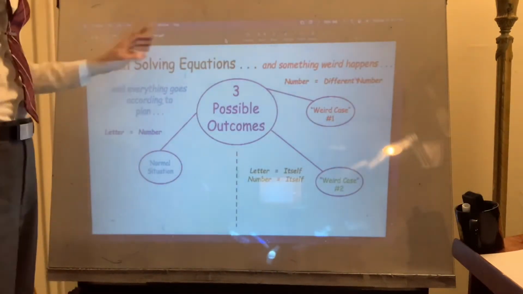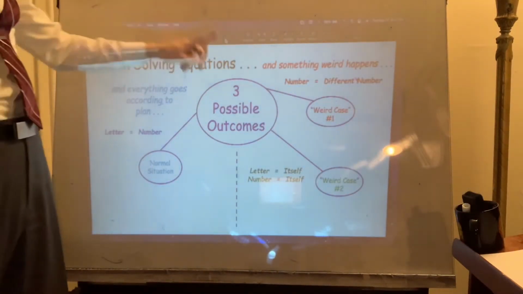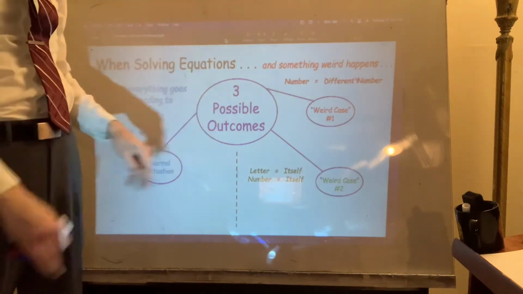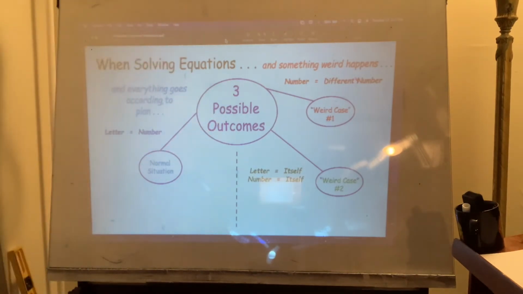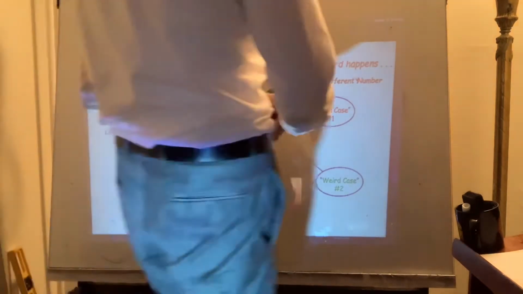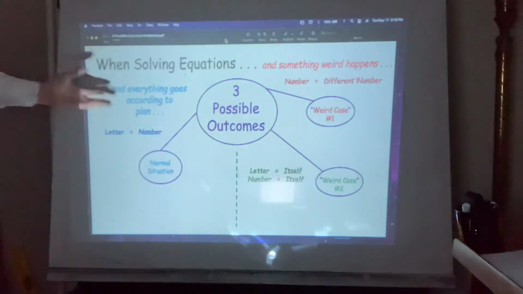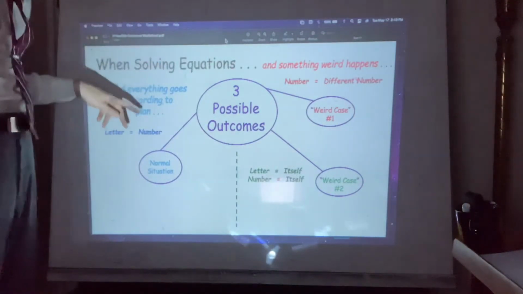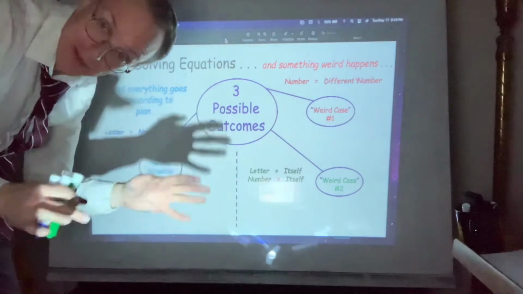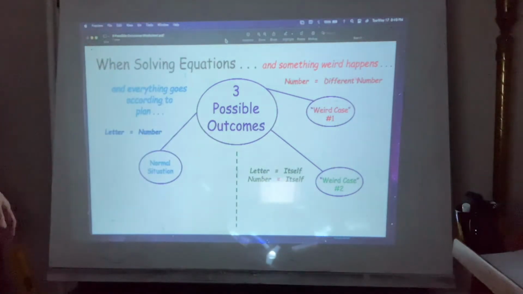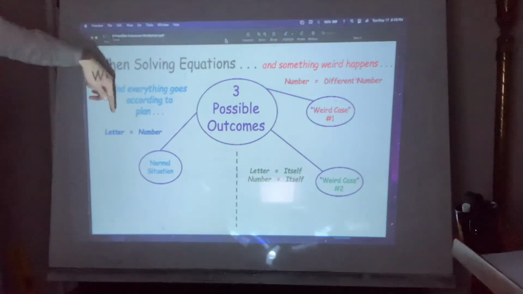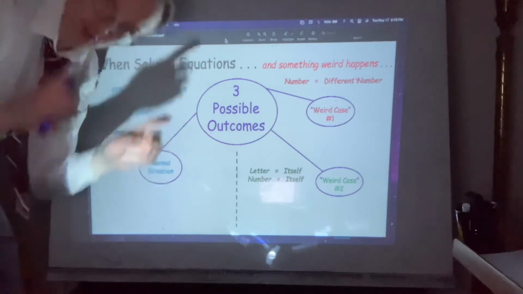What happens when solving equations? There are 3 possible outcomes, basically. I'm going to hit my light off again. I'll get dark. Okay. All right. There's a situation where everything goes according to plan. All right. You do everything right, and what you're hoping will happen, which is that letter equals number, does happen.